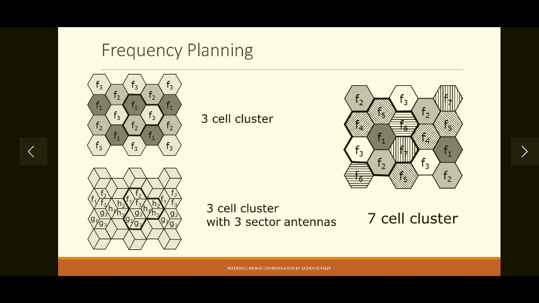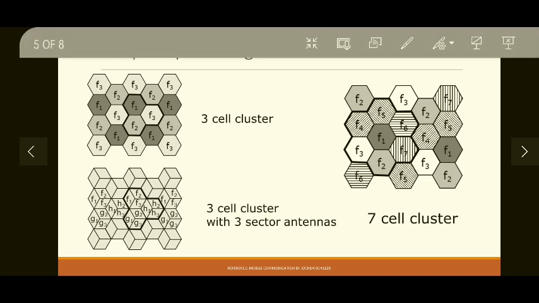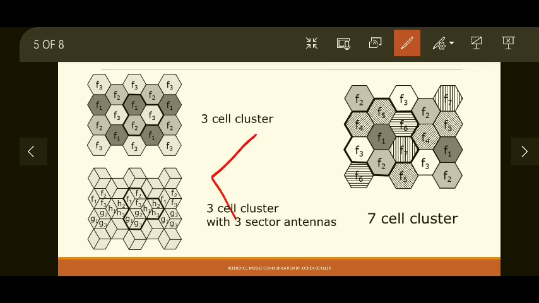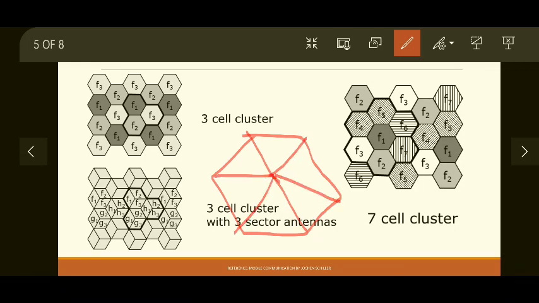Then there is another type. If you use a sectorized antenna, then a cell can be further divided into a number of smaller parts. Let's say this is our cell. Now I can divide this into smaller parts. Now this is divided into how many? 1, 2, 3, 4, 5, 6 parts.